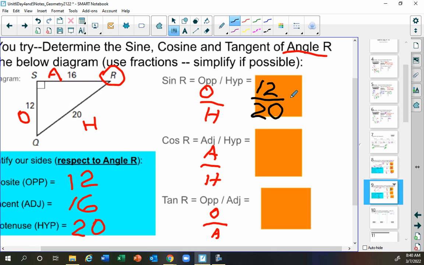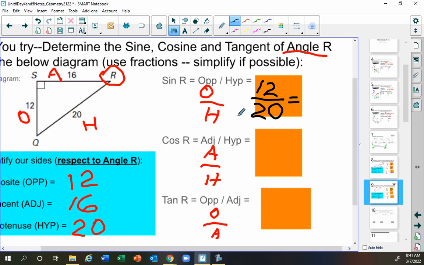So 12 over 20 becomes, well, what would be the fraction equivalent? What can we divide both 12 and 20 by? There's a couple options. So 12 and 20 are both even numbers.